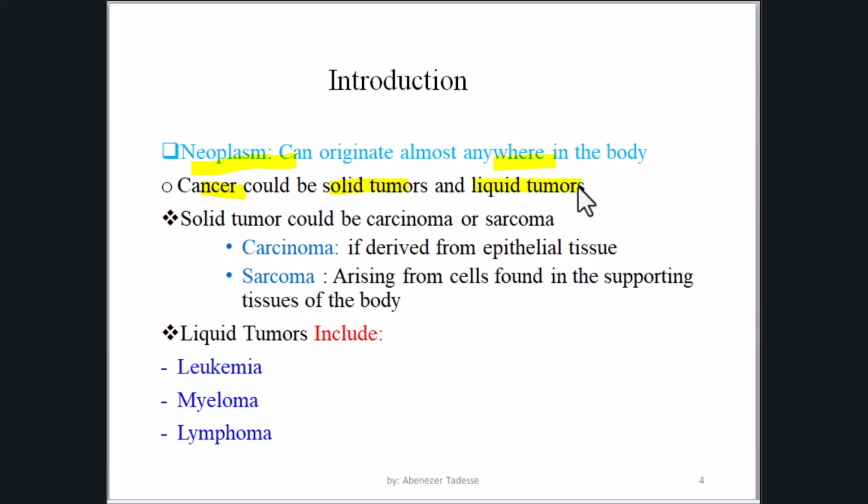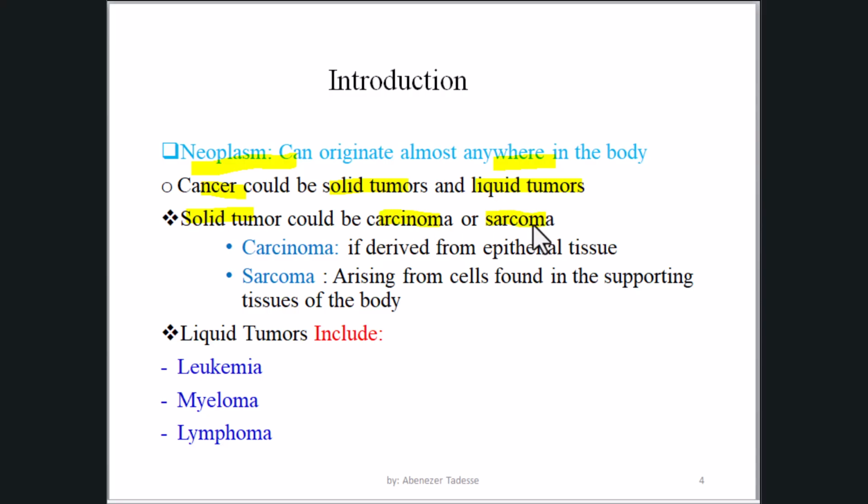The solid tumor is mostly organ tumors, and the liquid tumor is a blood related cancer. We can classify the solid tumor into two groups, the carcinoma as well as the sarcoma, based on the type of tissue that develops the cancer.